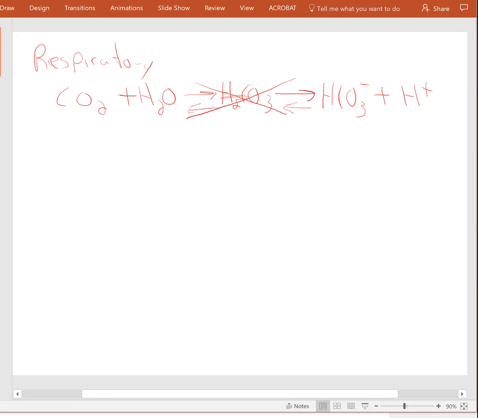And now we have just a giant equilibrium system where here's our reactants on the respiratory side, here's our products on the metabolic pathway, as driven by the renal system. Okay. All right, so here's how we're going to do basically these.